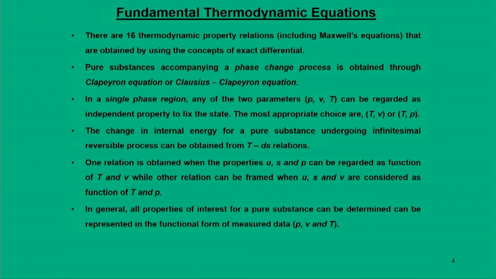Based on this we obtain one set of relations in which the properties u and s are regarded as a function of temperature and volume. The other relations we framed for temperature and pressure, and ultimately we said that all properties of interest for a pure substance can be determined from measured data, which are pressure, specific volume and temperature, and we can find the other derived properties using these relations.